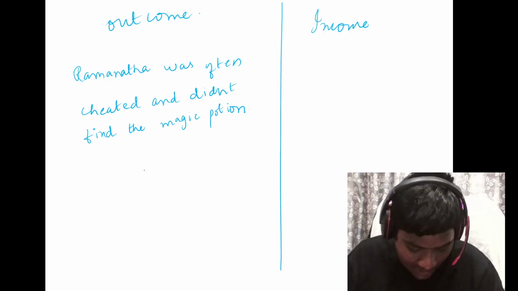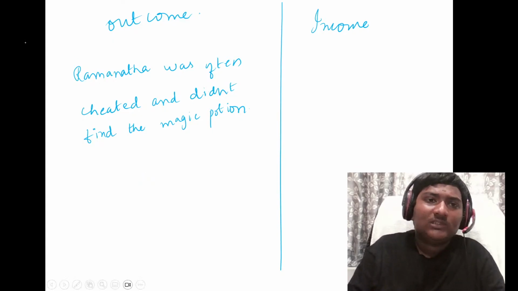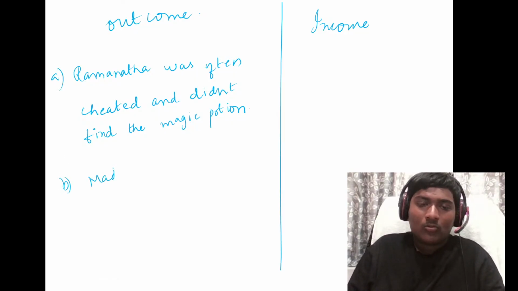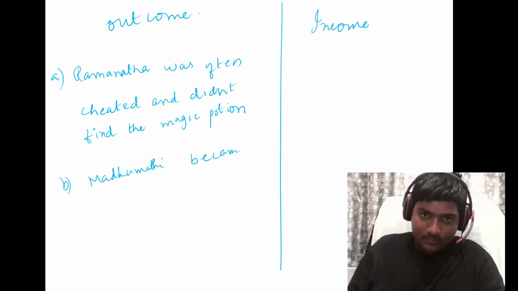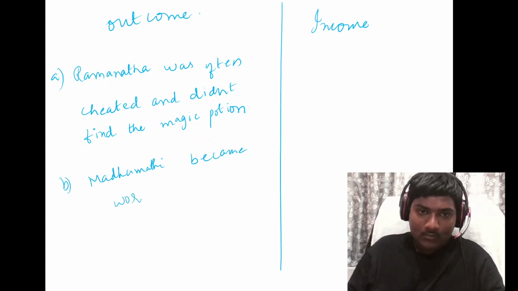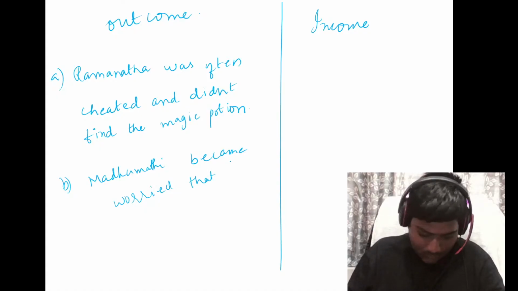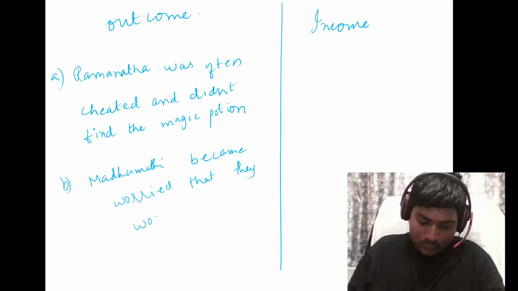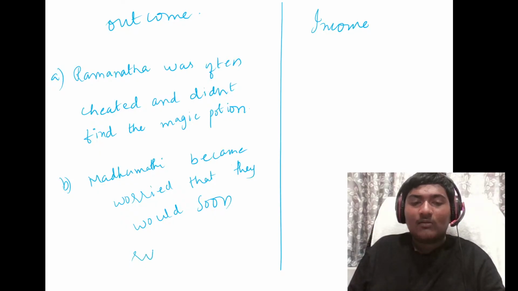Okay, and the second question: Ramanatha was spending a lot of money. So what did his wife, Madhumati, do? Madhumati became worried that they would soon run out of money.